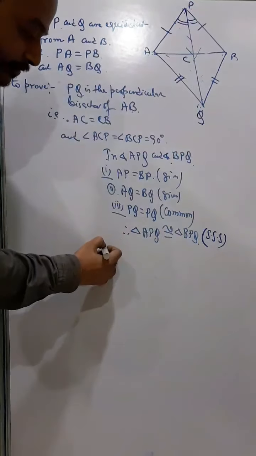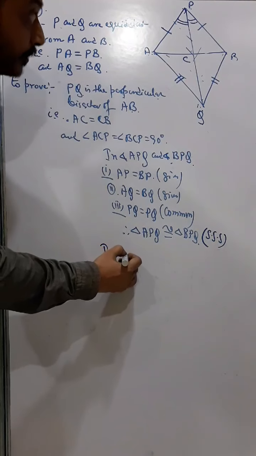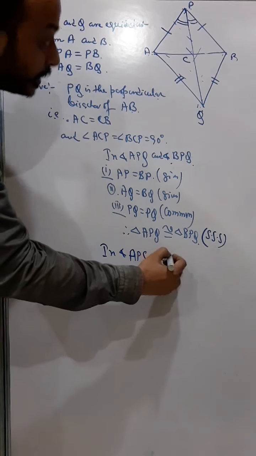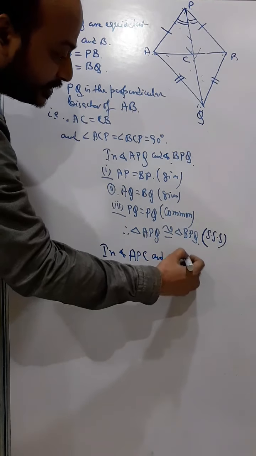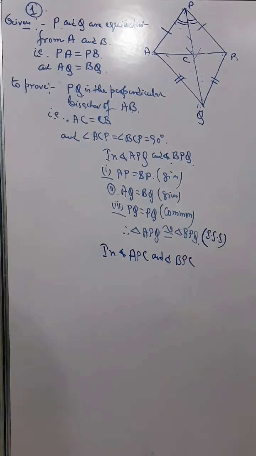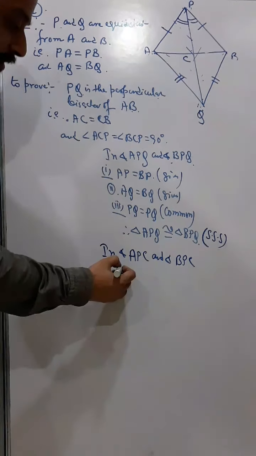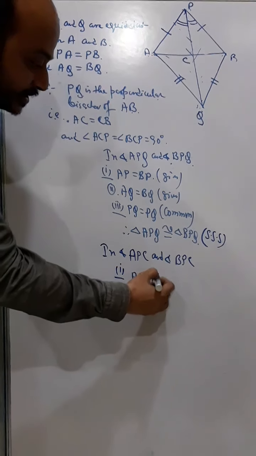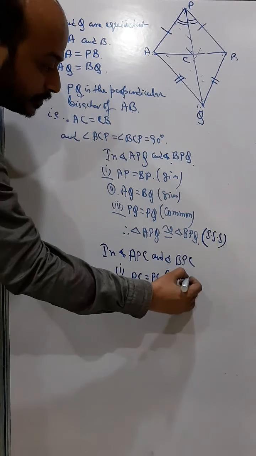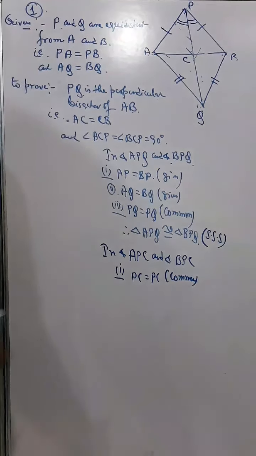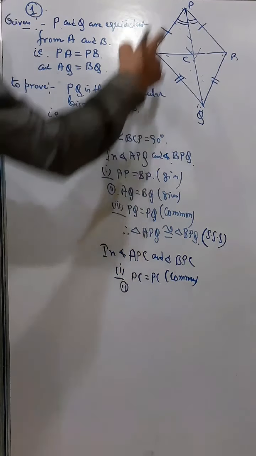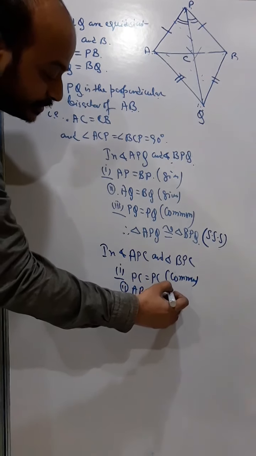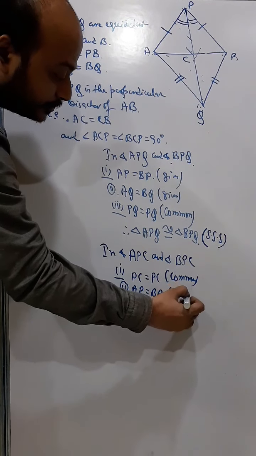So now in triangle APC and triangle BPC, number one, we can say that PC equals PC, that is common. And then we can also say that AP equals BP, that is given, we know.